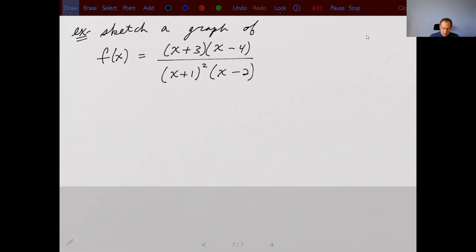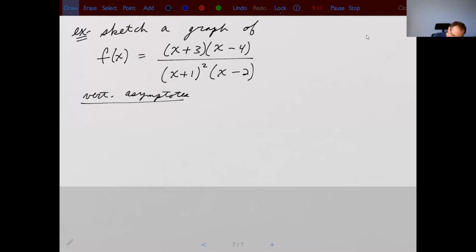Okay, so what's going on here? First of all, let's do the asymptotes first. So are there any vertical asymptotes? Well, remember, how do I find vertical asymptotes? I have to see where the denominator is equal to 0.